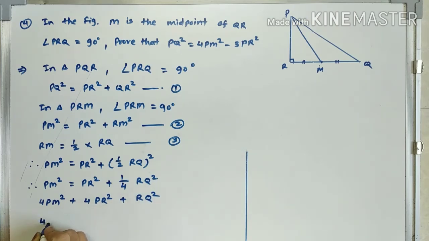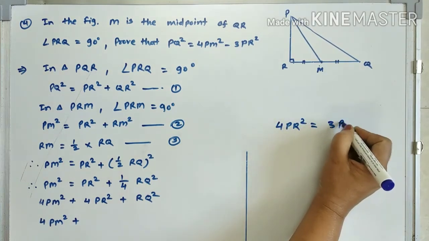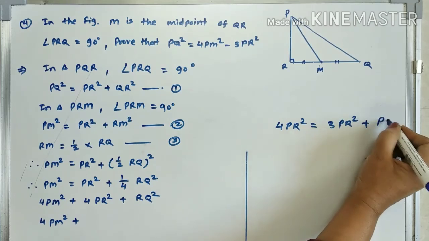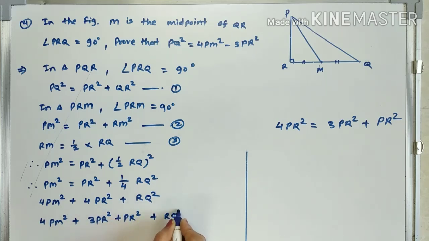Now we write 4 PR square as 3 PR square plus PR square. So 4 PM square equals 3 PR square plus PR square plus RQ square.